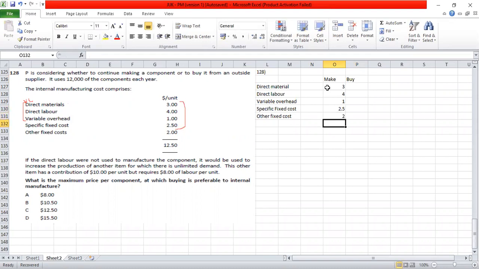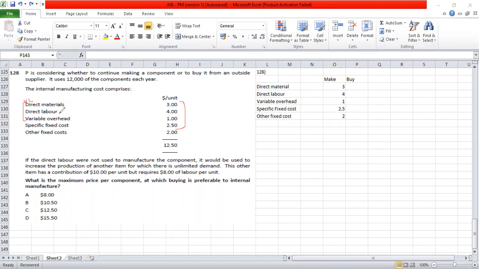So the cost of making it is 12.5. Now, if the direct labor were not used to manufacture the component, so there is one particular thing which is direct labor.